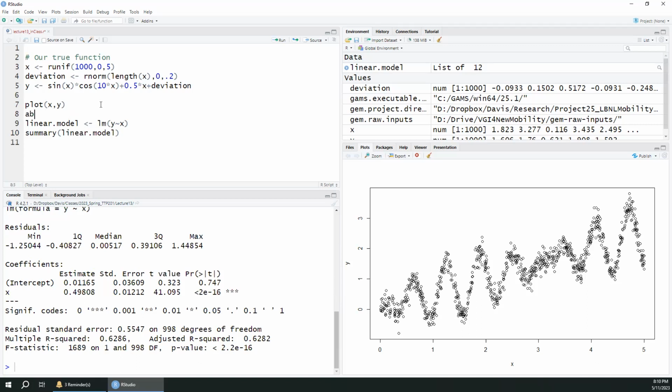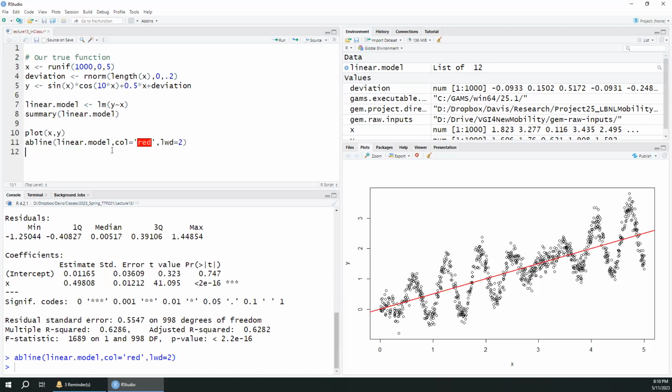And in fact, if I were to include that fit line here, you would see the line generally goes through the average trend of all of these points, but it does not capture the fundamental nonlinearity, which we know as part of our true function, right? That sine x times cosine 10x term.